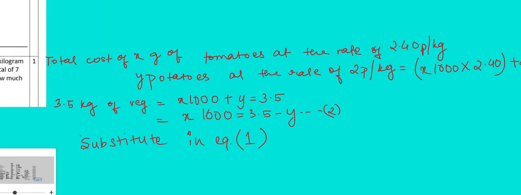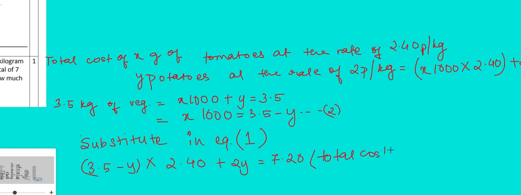Now we have to substitute in equation 1. We put 3.5 minus y in a bracket multiplied by 2.40 plus 2y is equal to 7.20. This is the total cost.